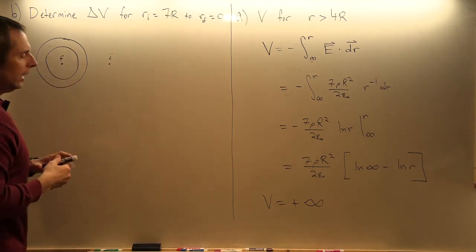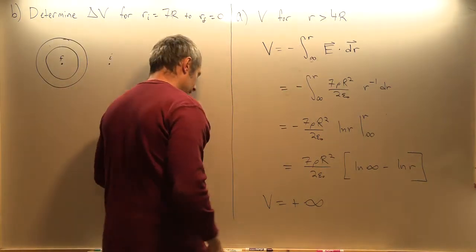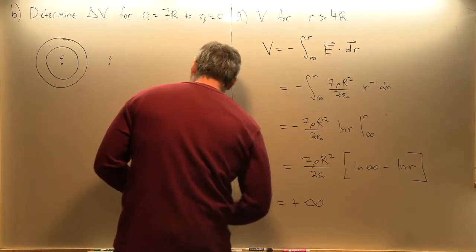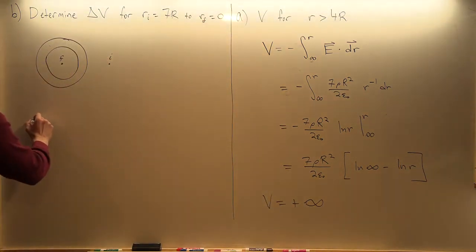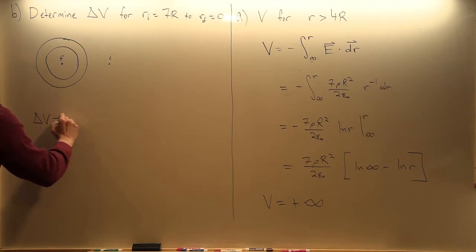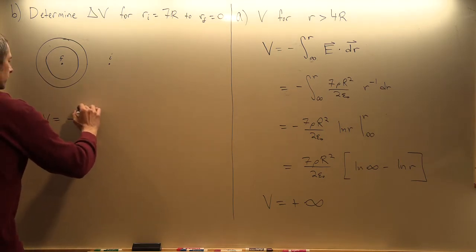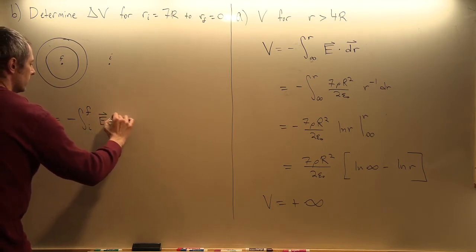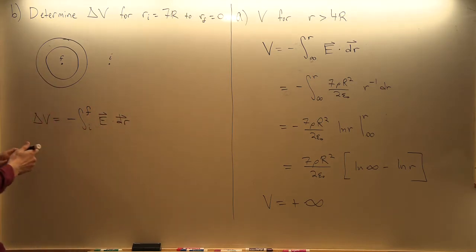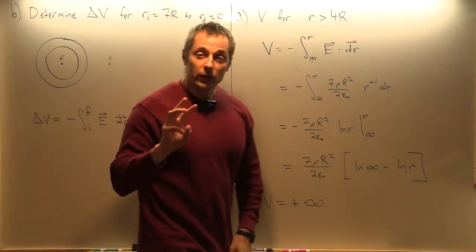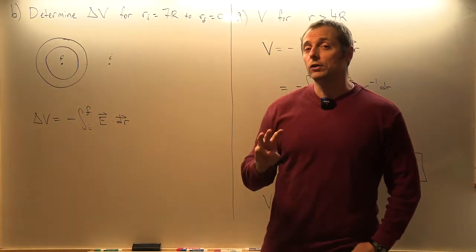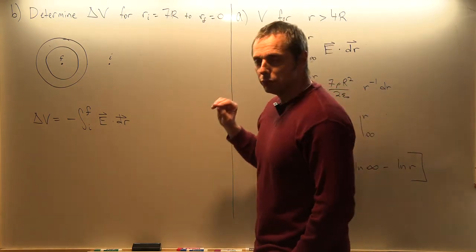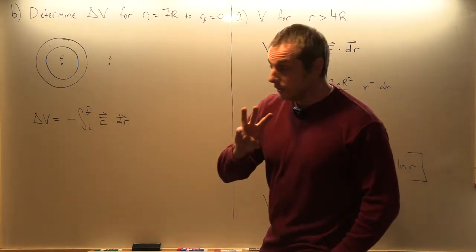And like here, we integrate electric field, but we're only starting from here, not infinity. So delta V. But what you have to realize is there are three regions of all different electric field expressions. So that means we have to break this integral down into three parts.